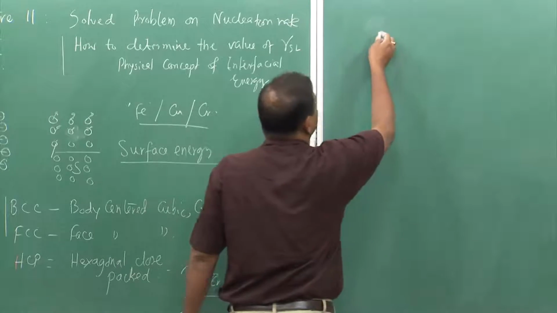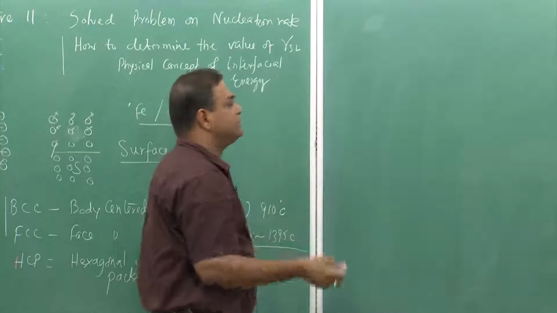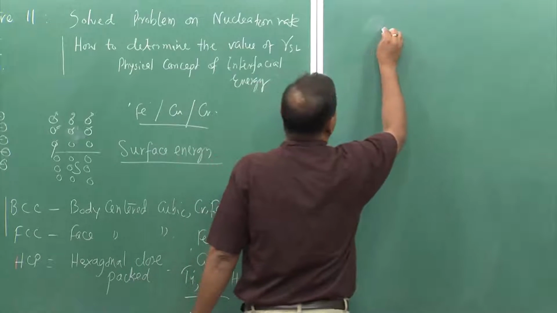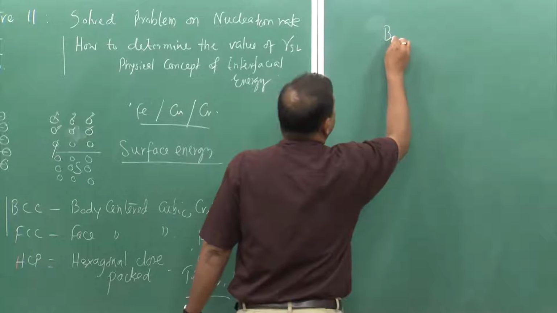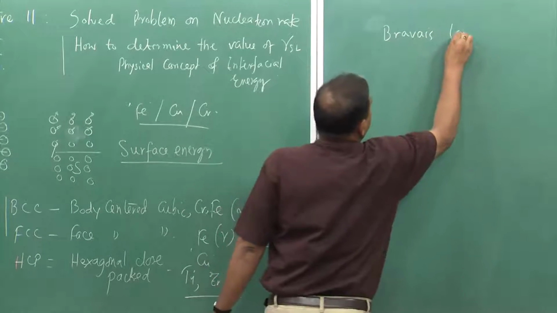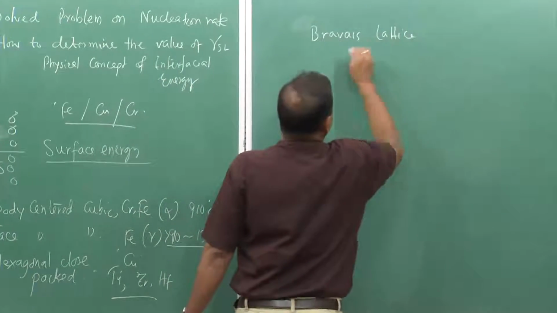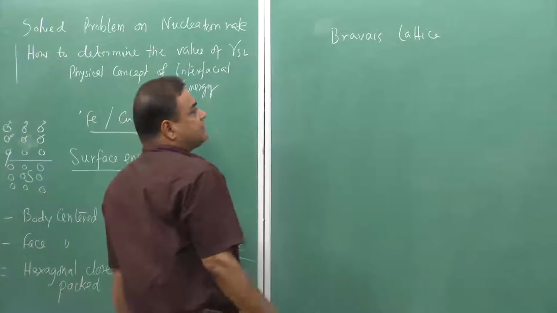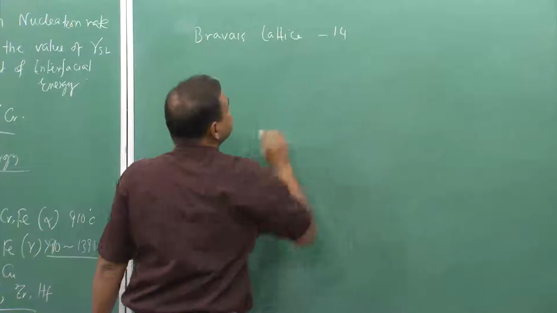If you go to a simple material science book, you will see mention of Bravais lattices, and there are 14 Bravais lattices.